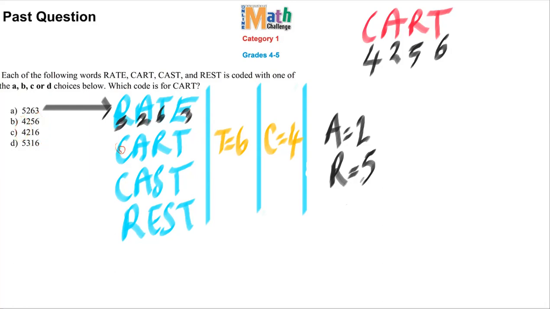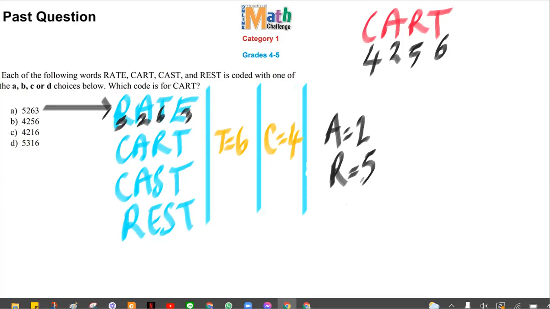It means C equals 4. So from here, we got all the numbers that we need: C is 4, A is 2, R is 5, and T is 6. So our number is 4,256.